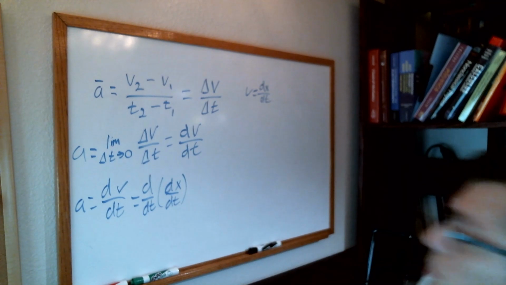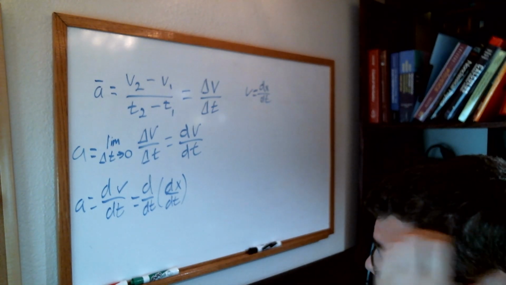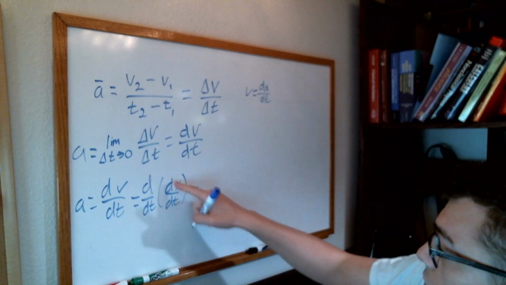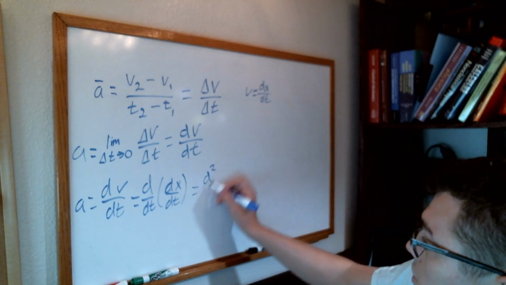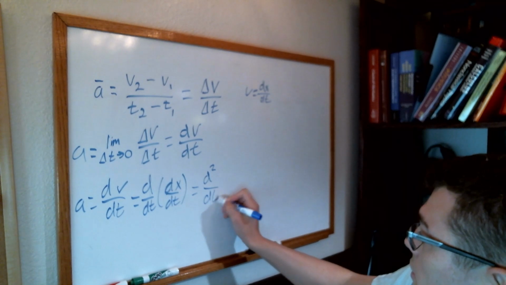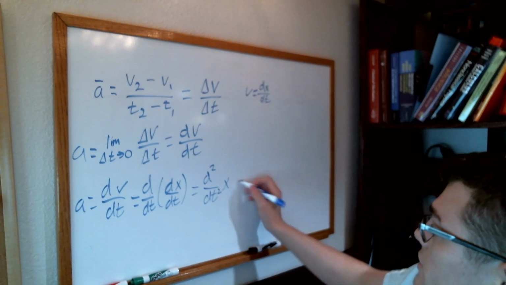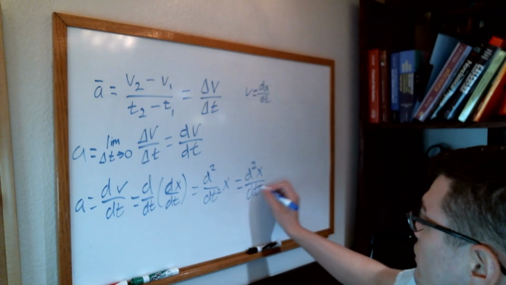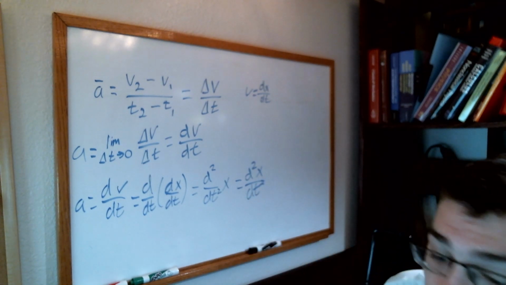And then we can also write this as d squared x dt squared, which is just the second derivative of the position function.